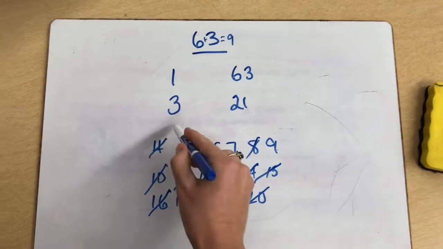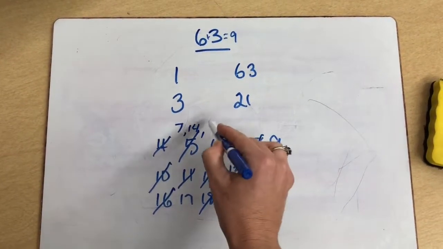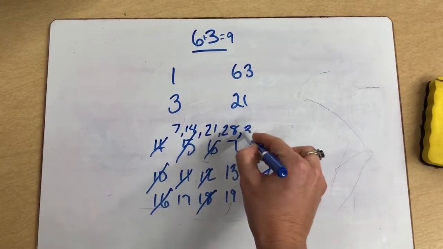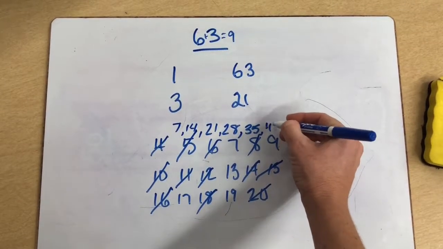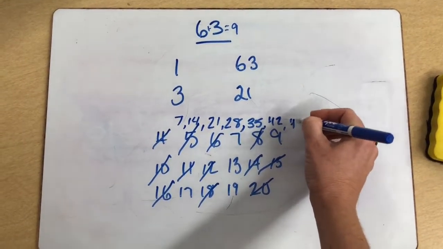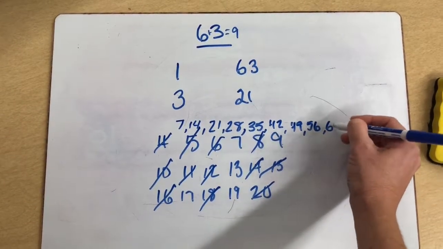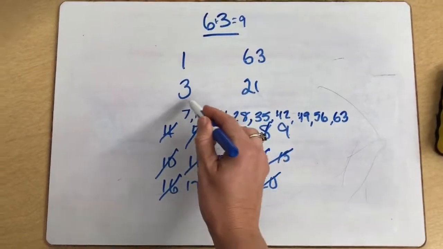Let's count by 7. 7, 14, 21, 28, 35, and then 42, 49, 56, 63. Oh, 7 times 9 is 63.